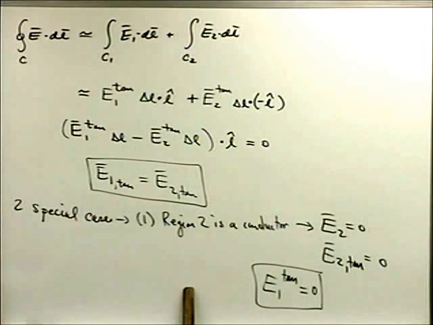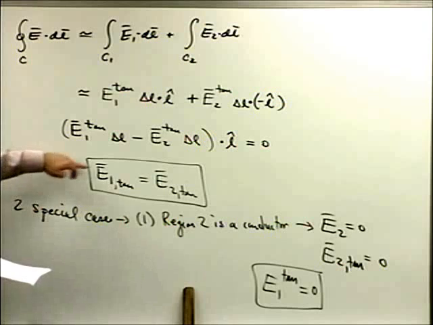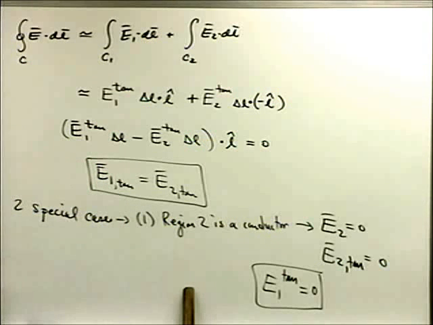And in that case, we basically have just what we started with, that the tangential component stays the same on both sides, but it's not necessarily going to be 0.